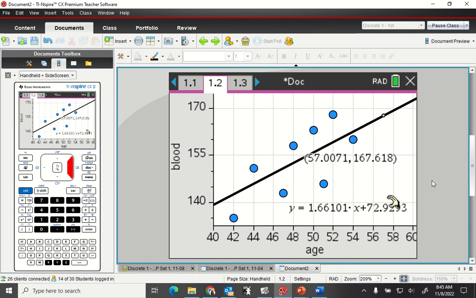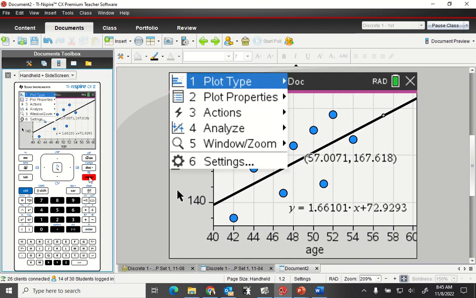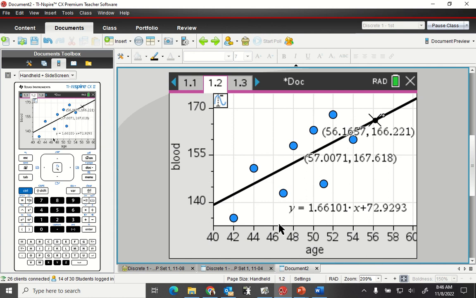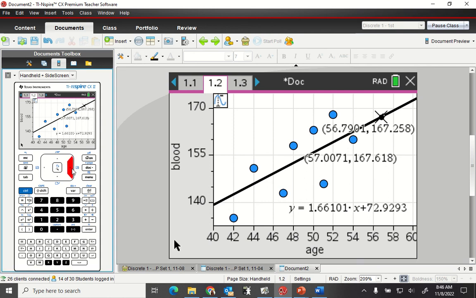What do we get? 178. Menu. 173. 170. 172.6. Okay, 172.6. So you're going to have an approximation just like me.